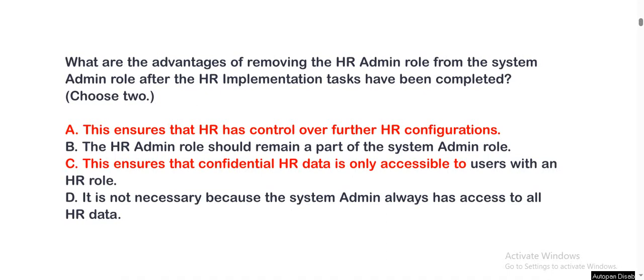Option B, the HR admin role should remain a part of the system admin role. Option C, this ensures that confidential HR data is only accessible to users with an HR role. Option D, it is not necessary because the system admin always has access to all HR data. And the correct options are option A and C.